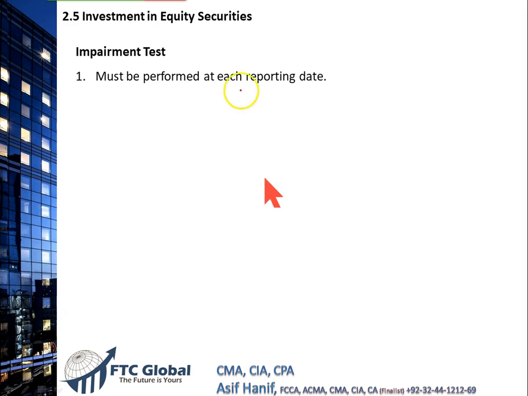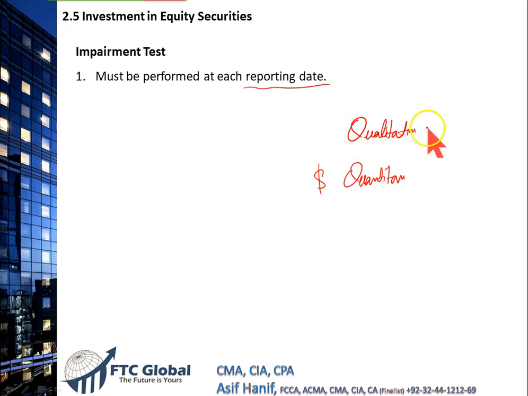An impairment test must be performed at each reporting date. There are two steps in the impairment test. First step is called the qualitative test. And then is the quantitative, that is the dollar based. What's the difference? Qualitative test assessment means just an assessment, just an evaluation whether an investment has been impaired.